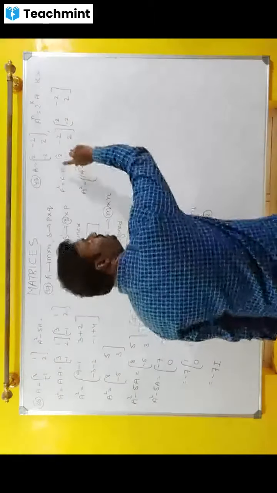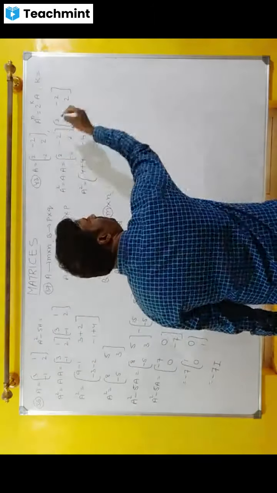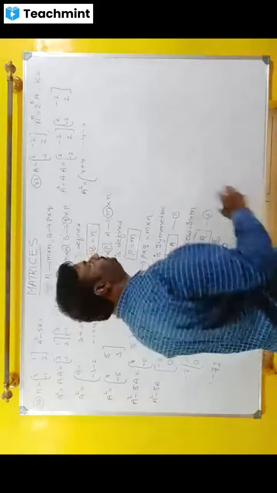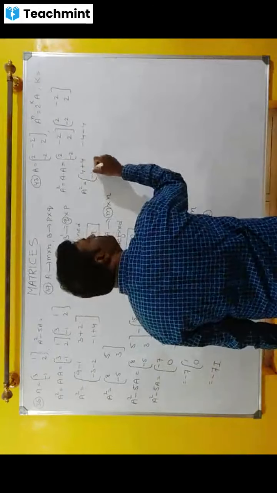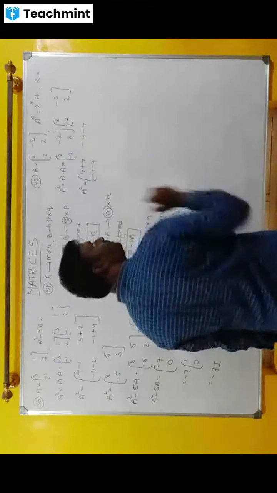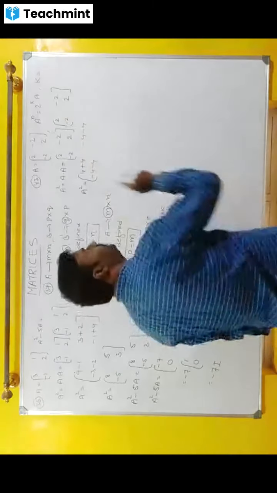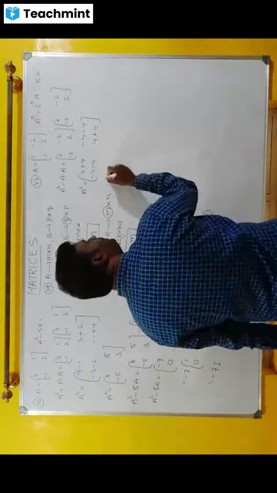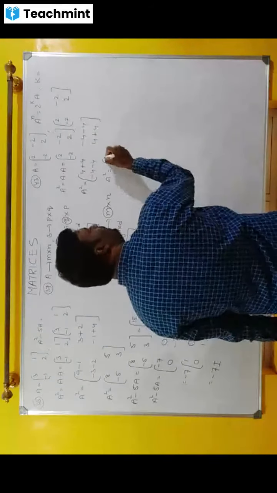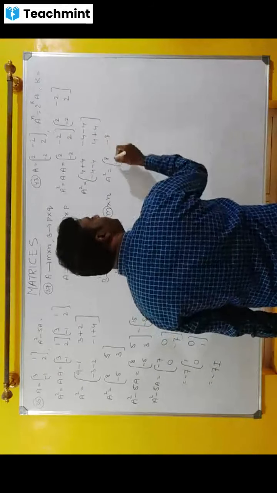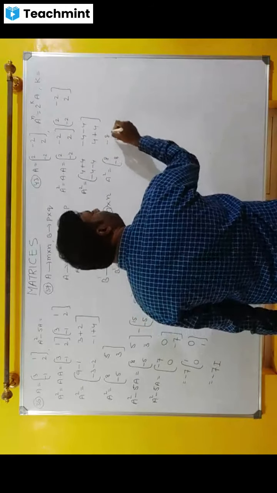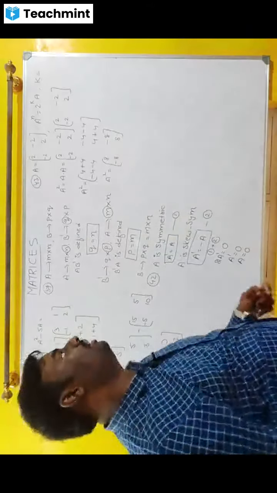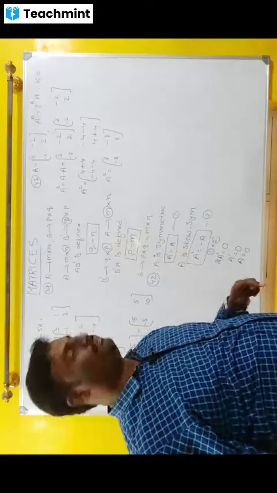Next, first row, second column: 2 into minus 2 is minus 4, minus 2 into 2 is minus 4. Second row, first column: minus 2 into 2 is minus 4, 2 into minus 2 is minus 4. Second row, second column: minus 2 into minus 2 is 4, 2 into 2 is 4. Then A square equals [8, -8; -8, 8].